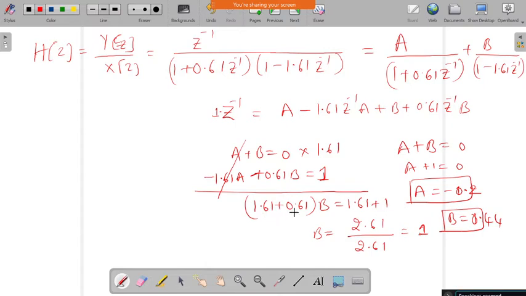So 2.62 it will come. 1.61 plus 0.61 is 2.22, and here 2.61, 0.61 plus 1 is 1.61, 2.62.